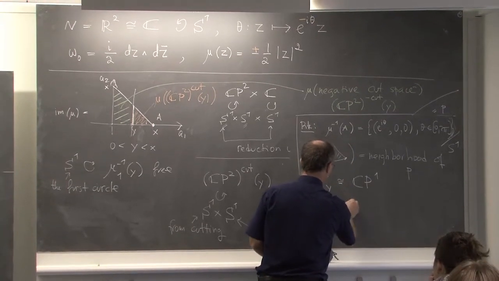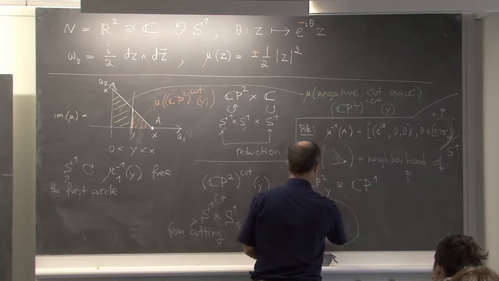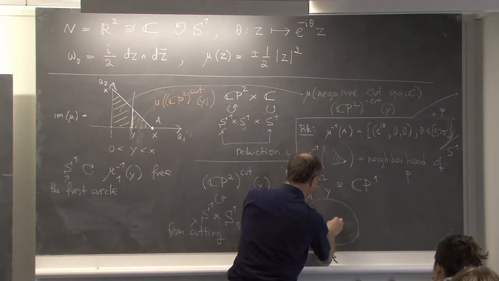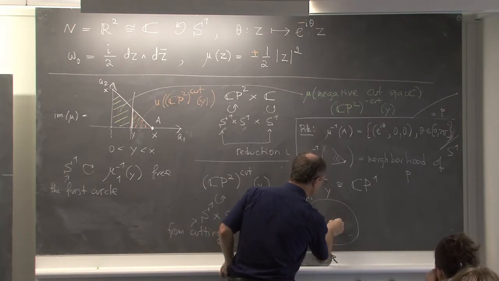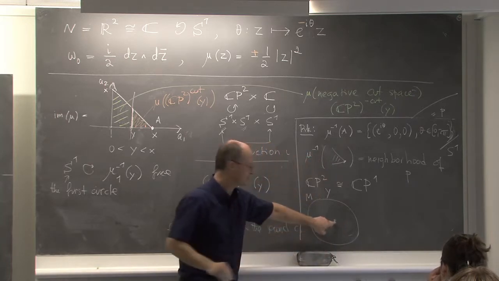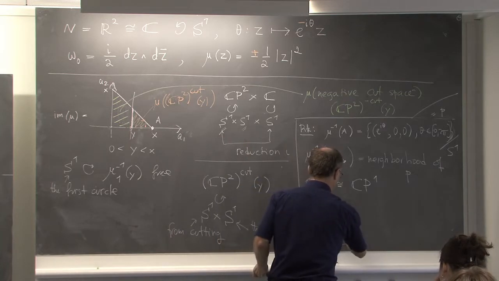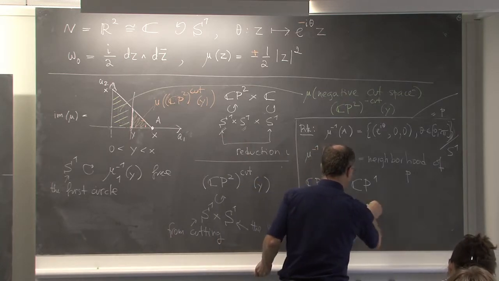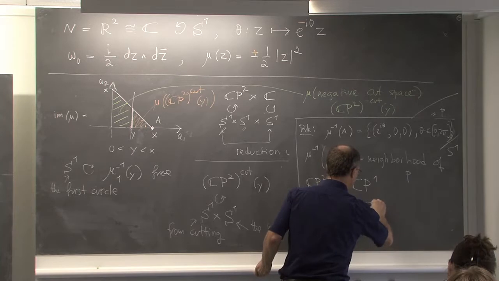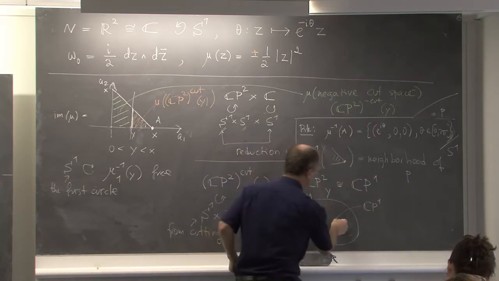Maybe not very precisely, but in a little bit more detail. Suppose we have our M, and here is our point. Let's say we're taking away a small neighborhood, but to simplify things, to start with I just take away a point here. And in place of this point, I would like to glue a CP1. How do I glue it?